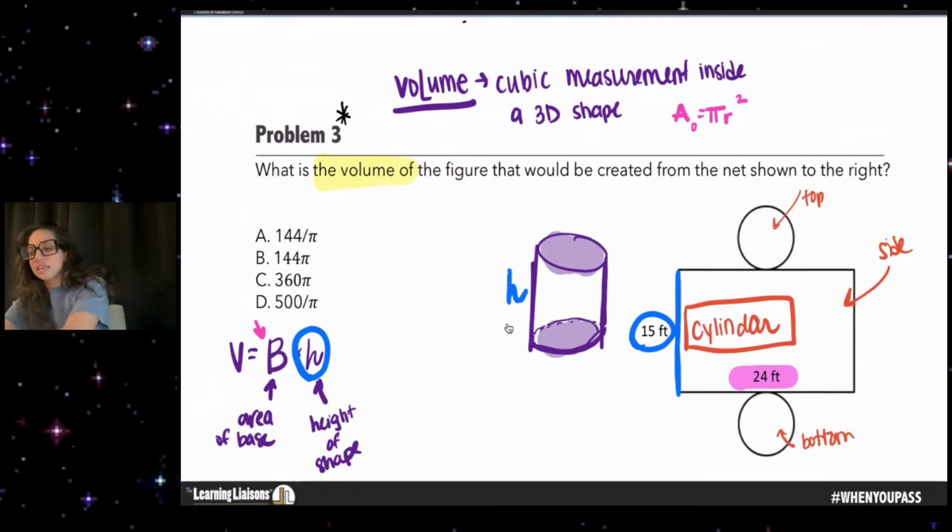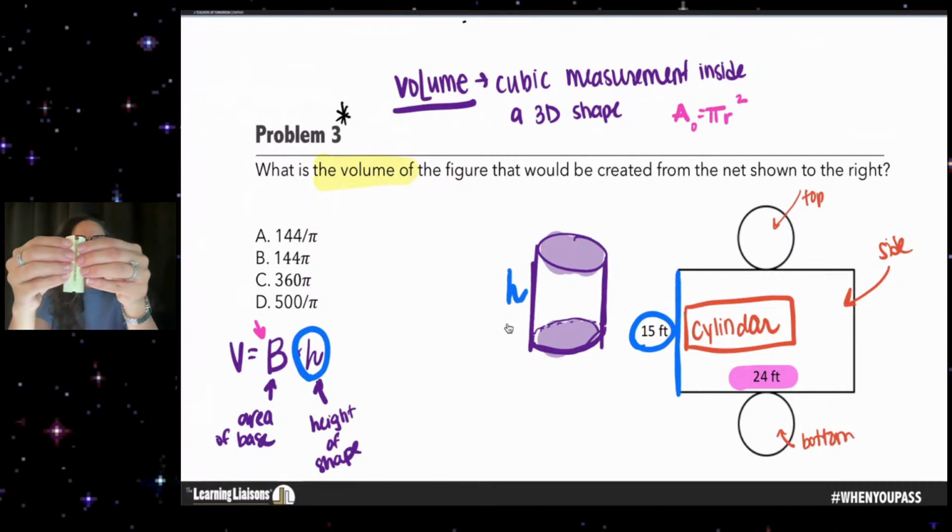How do I know that? Well, let's get our sticky note again. When I wrap this sticky note up, it creates that circle, which the circumference, remember, is the perimeter really of a circle, right? When I unravel this, what measurement is that?